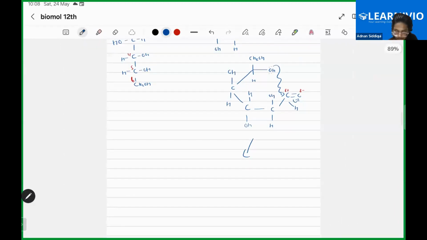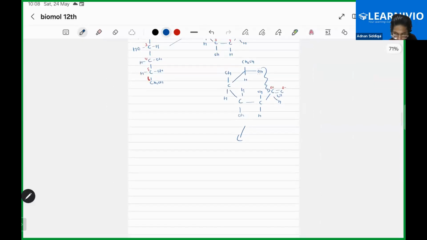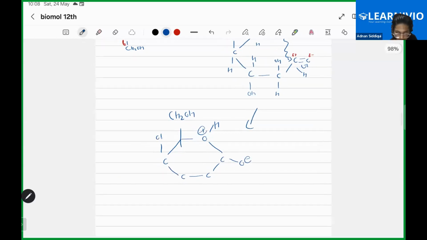So then what will happen? It will look like this. O negative. Here will be a bond, right? This will be CH2OH. We will assign these respective groups like this.